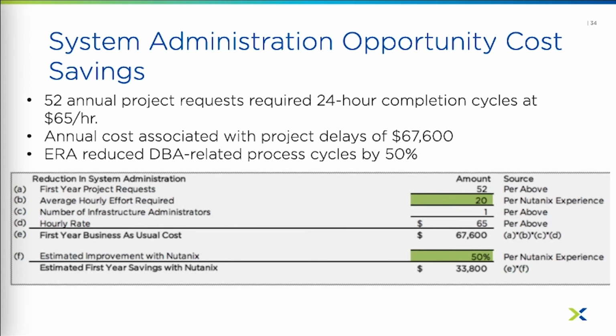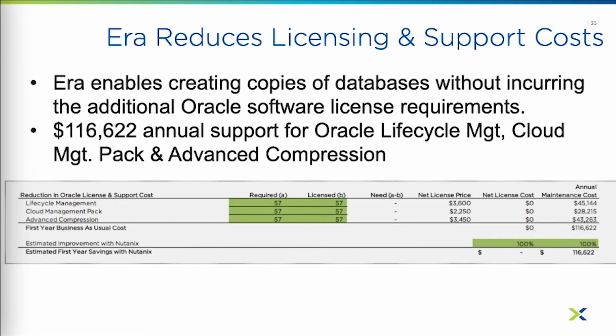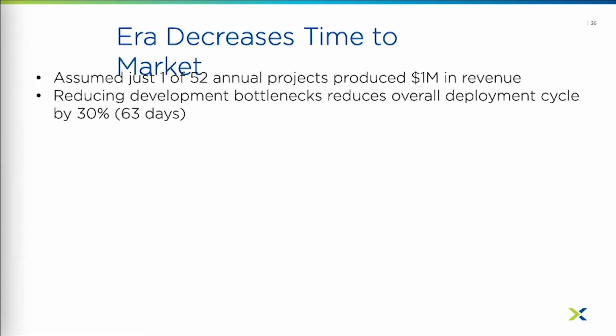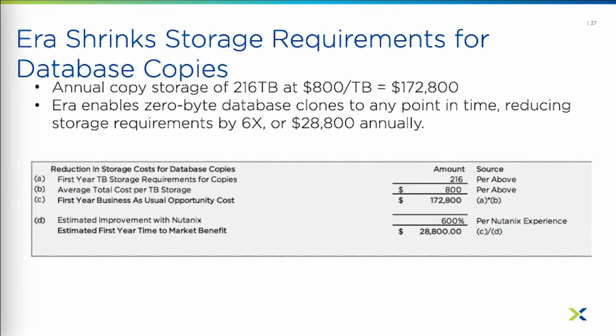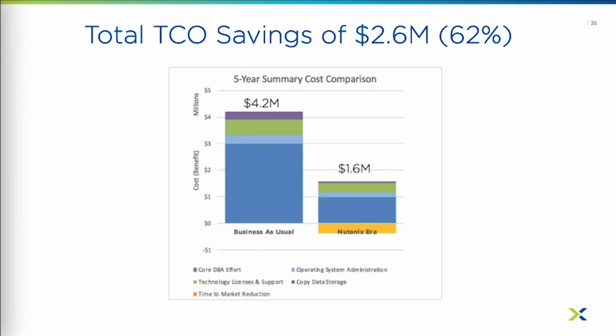We look at things like systems administration opportunity, how we reduce the licensing and support of third-party products with Era, how we decrease the time to market, and how Era shrinks the storage requirements for database copies, which then also lowers the corresponding hardware requirements. In this particular example, total TCO savings realized were $2.6 million, 62%.